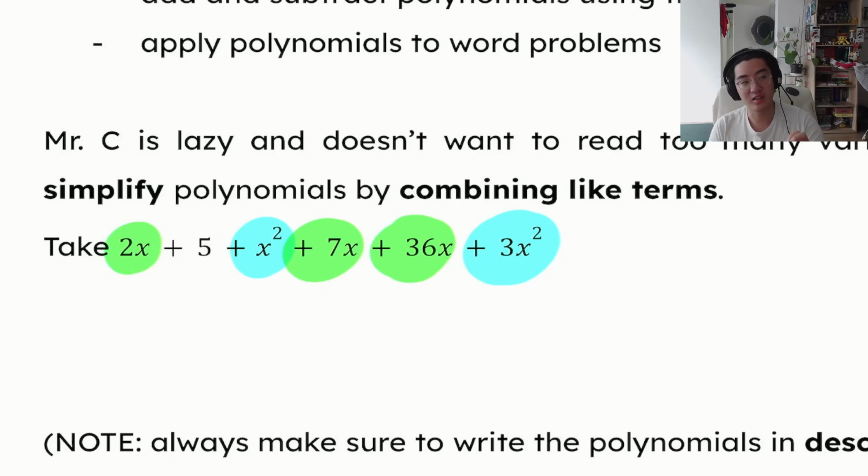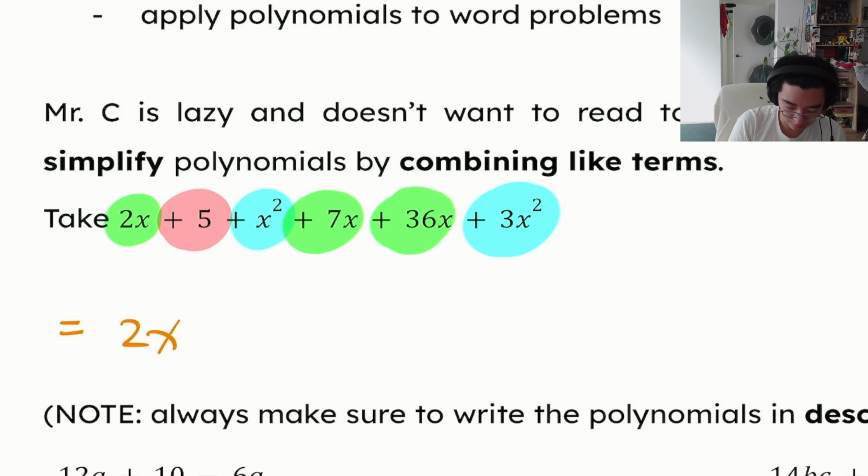Those are a different clump. x squared, even though it's the same variable as x, is a different power. And of course, we just have the constant, the number by itself, just a plus 5. So now after that, we can rearrange them.